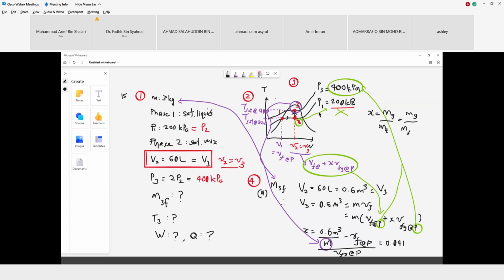So mg means mt minus mf over m. Okay, betul kan?